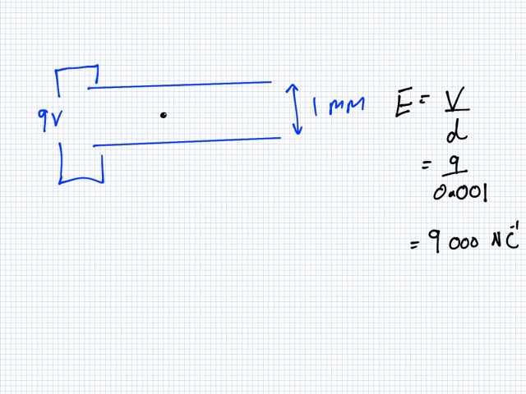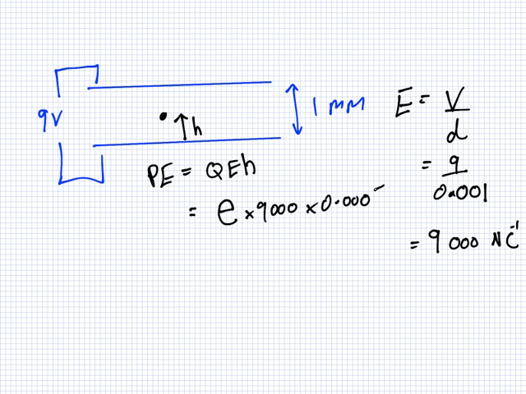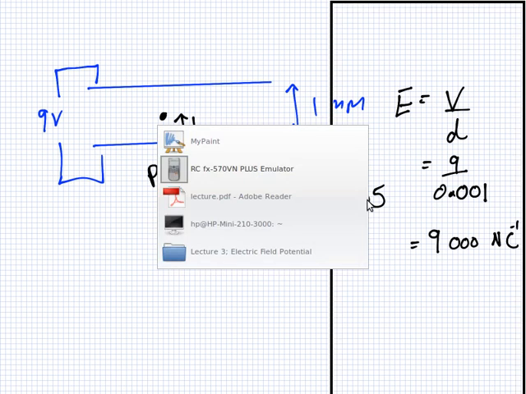You put a particle in the middle. Its potential energy equals qEh, whatever letter, in other words, this. If I call this h, that's e times 9,000 times 0.0005.